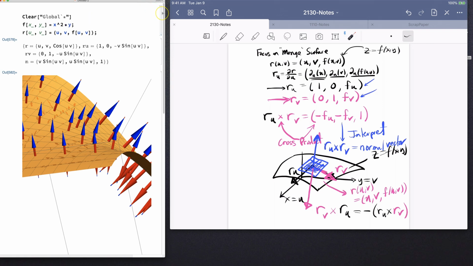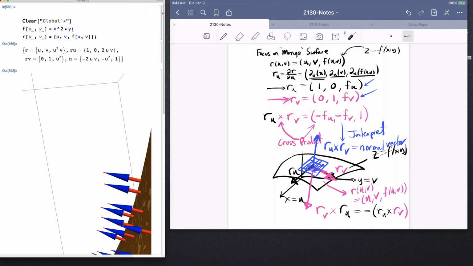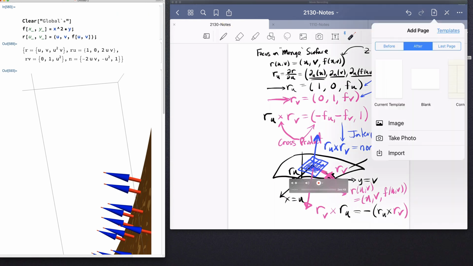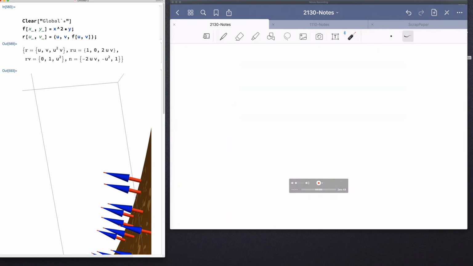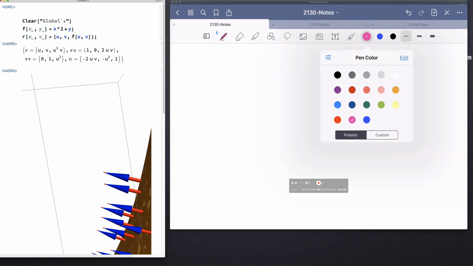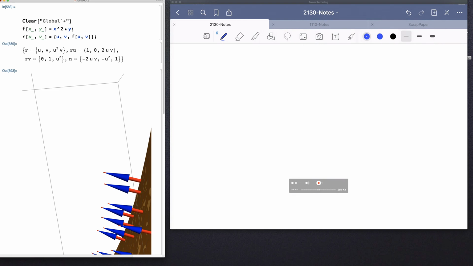Let's run this code, and we can double check these computations for the normal vector. We're doing surface integrals in this section, and computing the direction of the surface is going to be essentially step 0 for any problem.